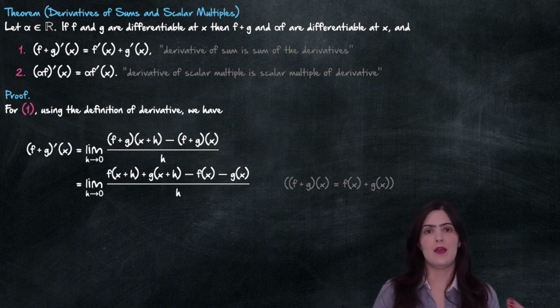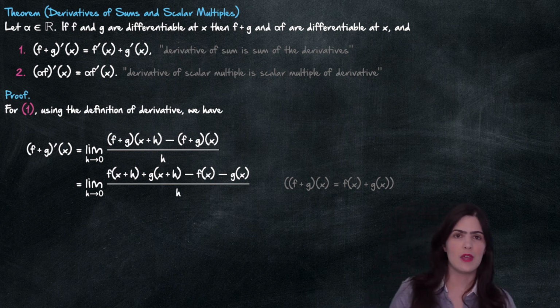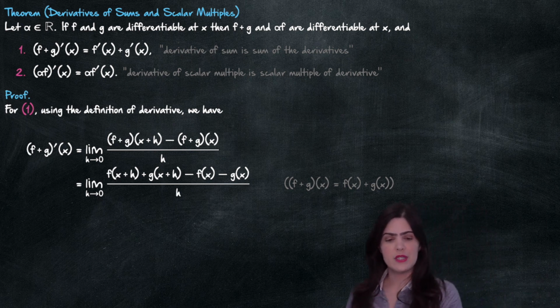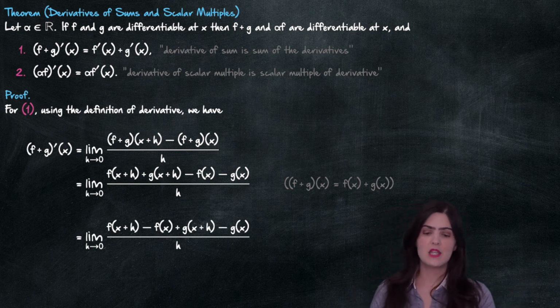So all we need to do now is to rearrange things to see if we can find the derivative of f and the derivative of g. So we're going to put f's together with f's and g's together with g's. So we have f of x plus h minus f of x plus g of x plus h minus g of x over h.